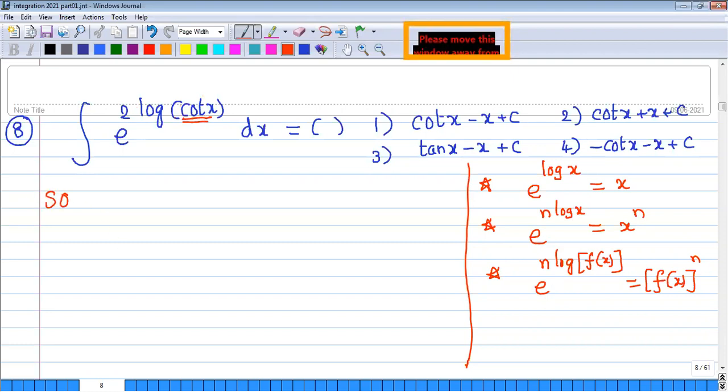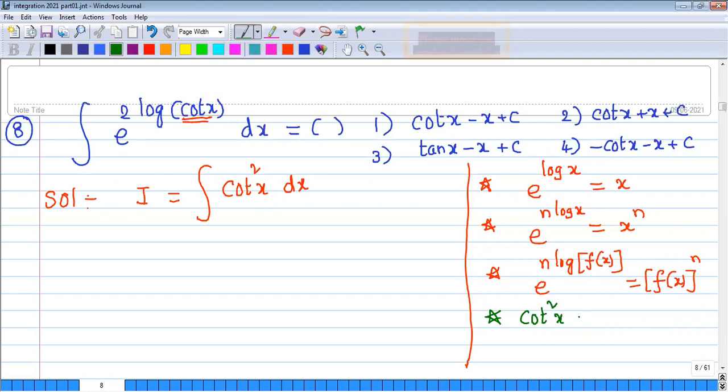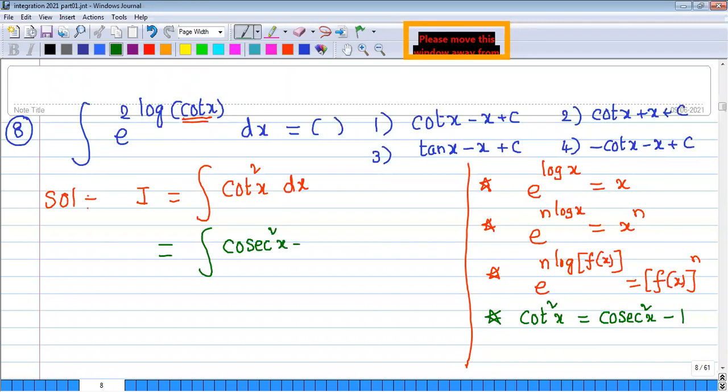So now the solution becomes I equals to integral of cot x whole square, that is cot square x dx. We don't have the formula directly for integral of cot square x dx. So we need to change cot square x in terms of cosecant square. This cot square x we can write as cosecant square x minus 1. Cosecant square is the derivative of minus cot x. So this can be integrated: integral of cosecant square x minus 1 dx, split as the difference of two integrals.